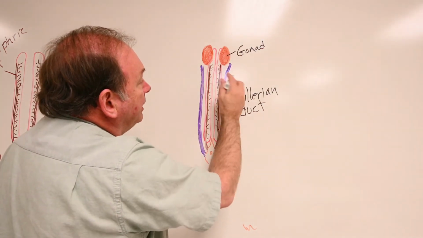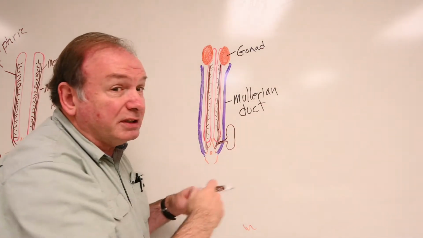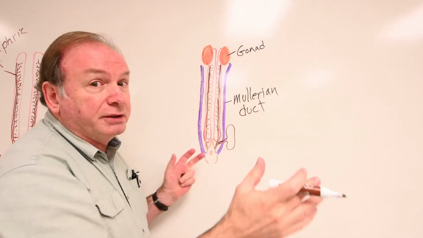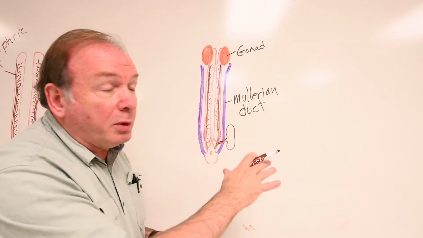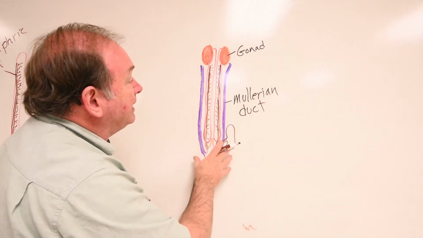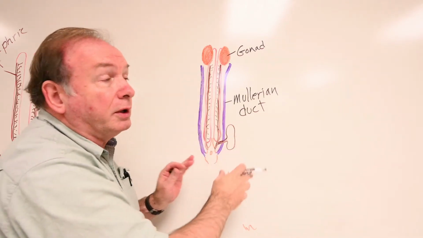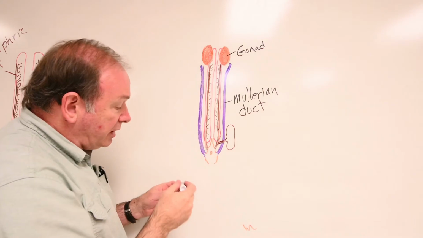If it's a female, it's going to use this tube. Now, if it's a male, the Mullerian duct will disappear. If it's a female, the mesonephric duct will disappear and be completely lost. So that's where we're going next, looking at formation of the kidney, looking at male development or female development from this undifferentiated stage.